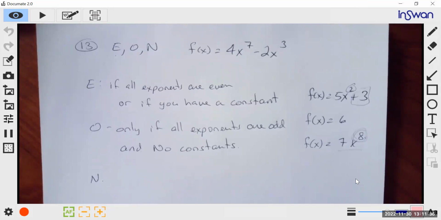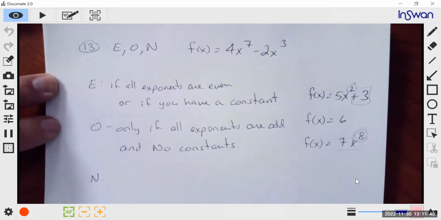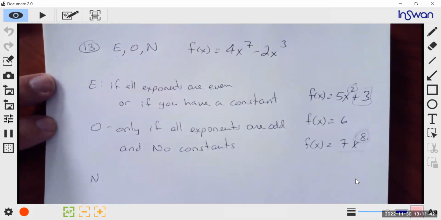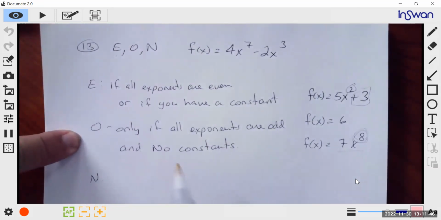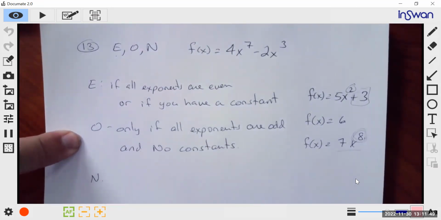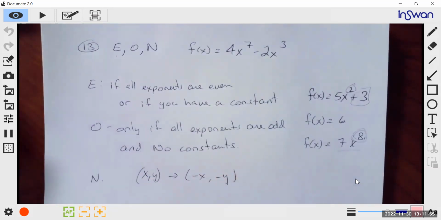So, basically what that means, if it's even, it flips across the y-axis. If it's odd, it flips across the origin. So in other words, x, y goes to negative x, negative y.